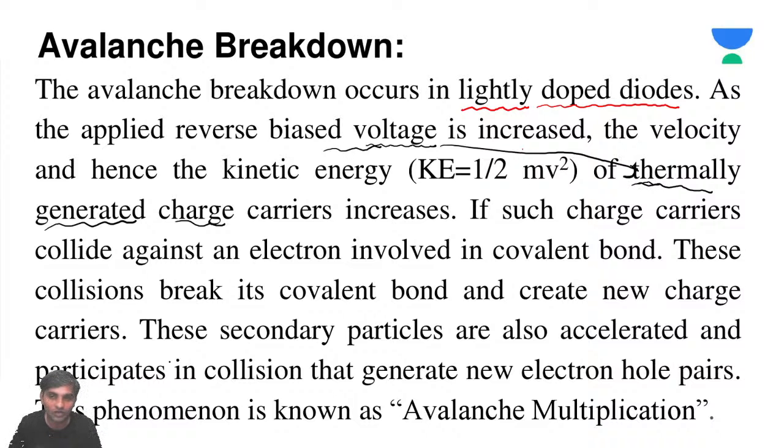But because of which, what happens, sir? The thermally generated charge carriers will increase, and these charge carriers will collide against the electrons involved in the covalent bonds. Because of the break, they create new charge carriers. These new charge carriers will create secondary particles, and these secondary particles will accelerate and participate in collisions.